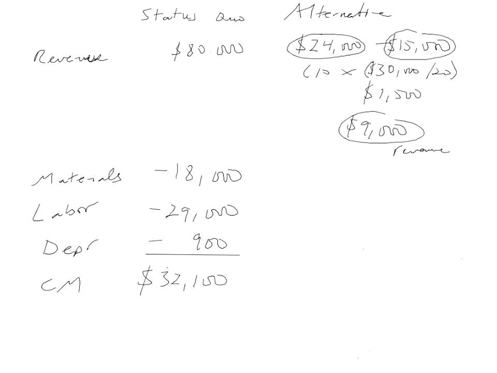Now for materials, the question tells us that the materials is going to cost us $6,000 for the special order. But we're also going to save some money from not making those 10 special dresses. And the math is pretty easy. We can do it in our head.